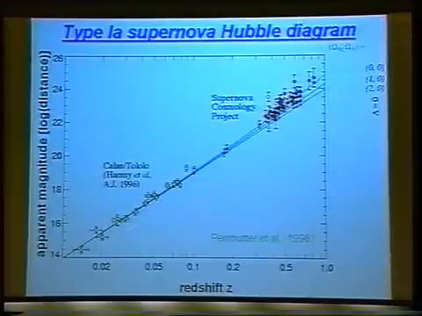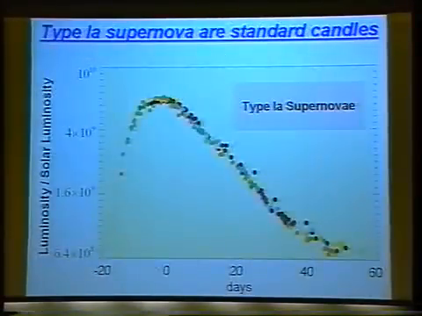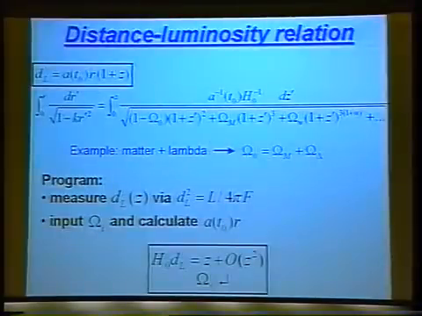These are low redshift supernovae, and these are the high redshift supernovae. So this is a flux-redshift measurement, and going back, what we're doing is using supernovae for L, measuring the flux, and determining the luminosity distance relationship.